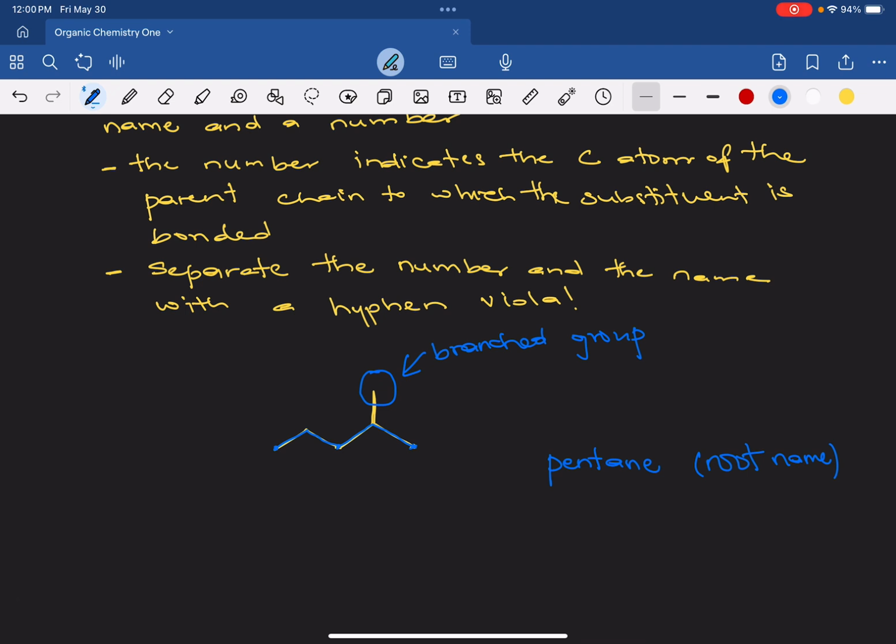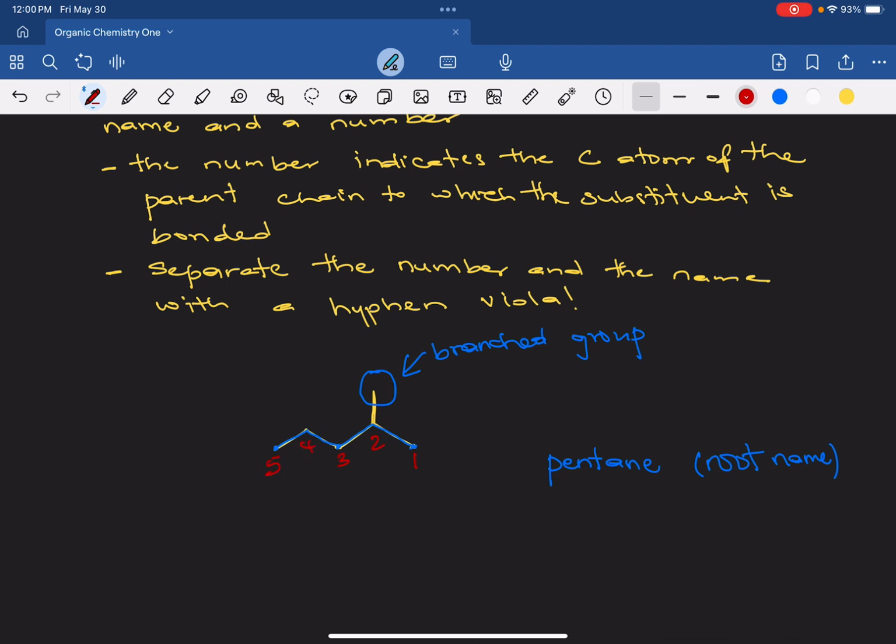Either you start number one from right to left, or you start from left to right. Let's number this chain and see which direction gives the substituent the lowest number. Let's start here with 1, 2, 3, 4, 5.